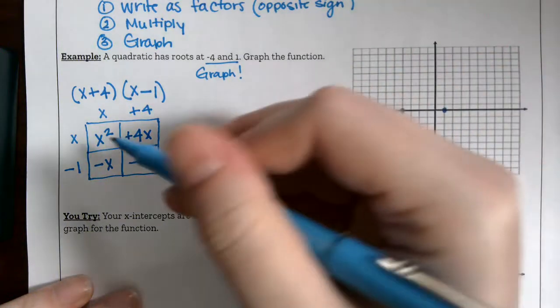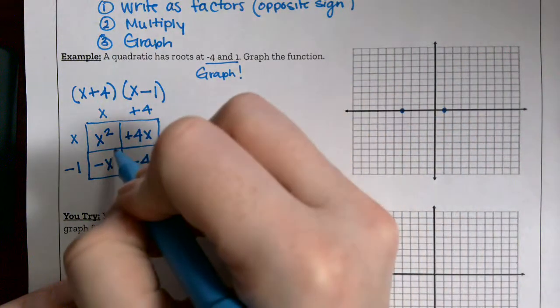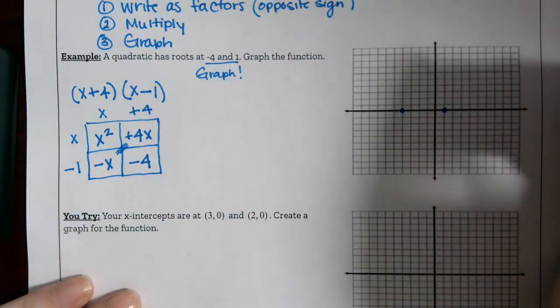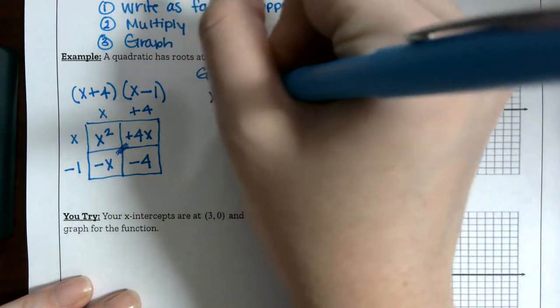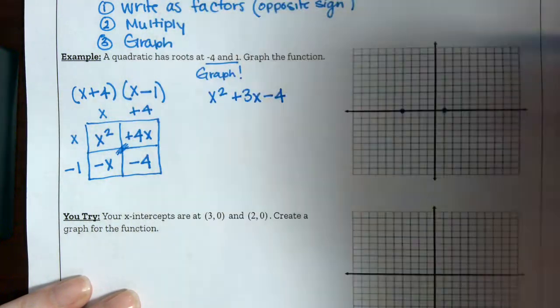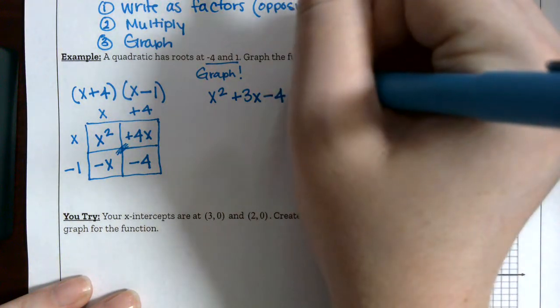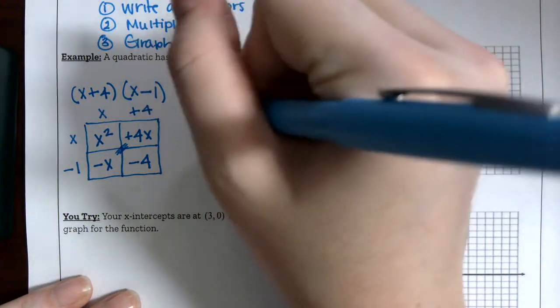And then we are going to write our equation from this. Just make sure you combine your like terms, which are diagonal from each other, so you get your equation x squared plus 3x minus 4. So this is our equation.